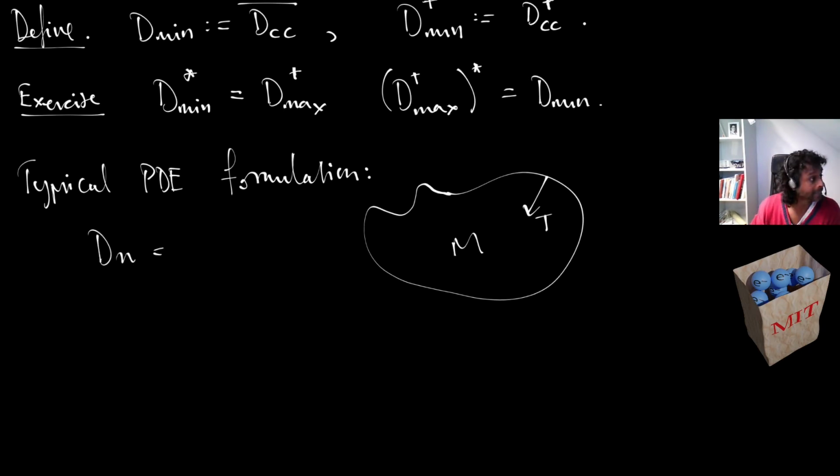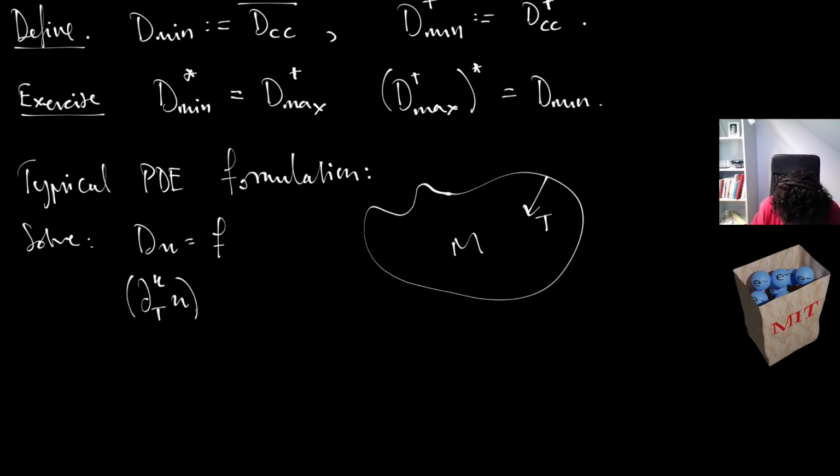We want to solve Du equals F, and the partial derivative in the T direction of order k of u restricted to the boundary we want to prescribe, right?